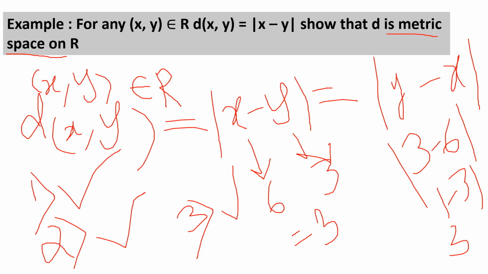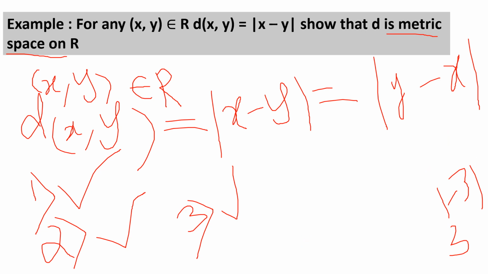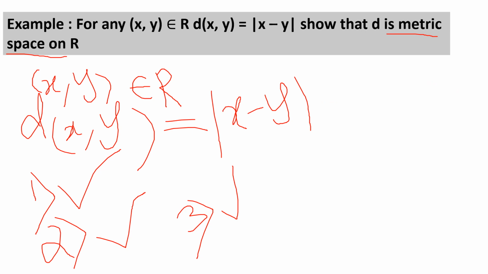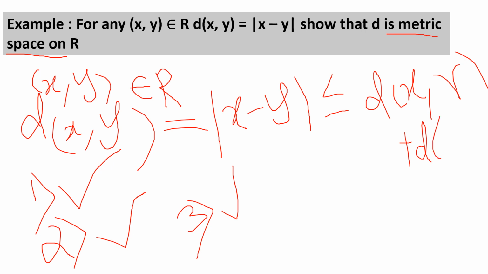Now we need to check the last condition. The last condition is the triangular or triangle inequality property, which is nothing but d(x, y) should be less than or equal to d(x, r) plus d(r, y).